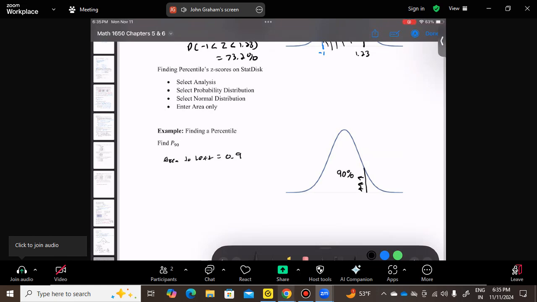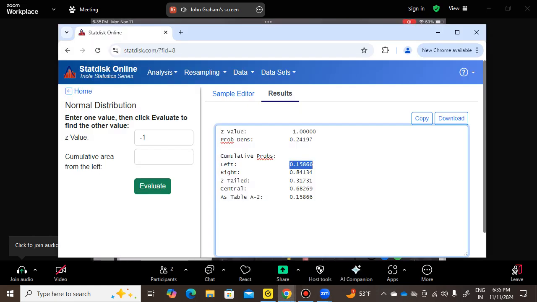So we plug that in. Now plug it into the area to the left. It's going to give us the area to the left again, that's 0.9. Area to the right is 0.1. And the one we want is the z-score is 1.28155. Alright.